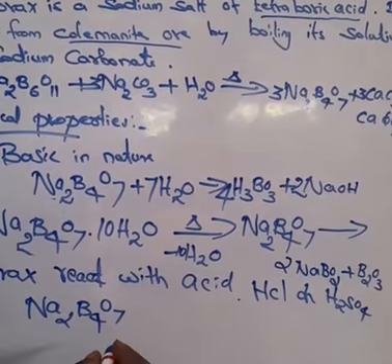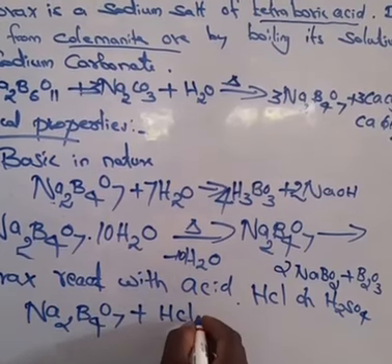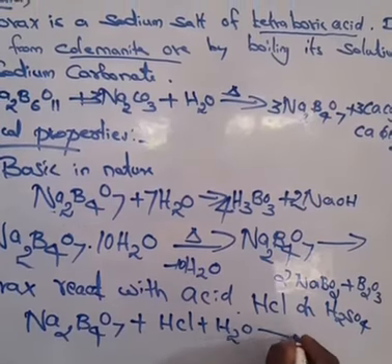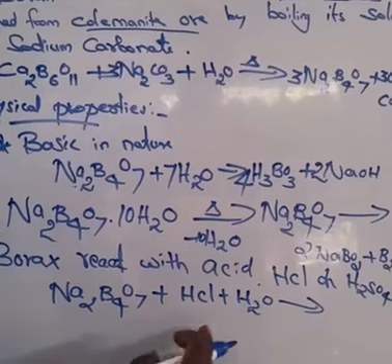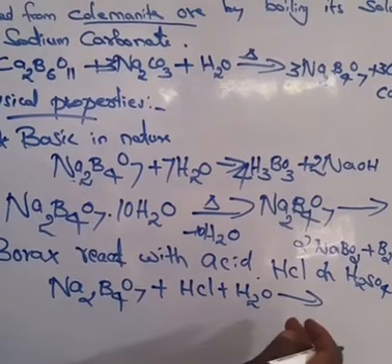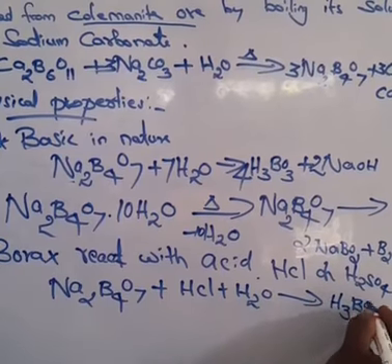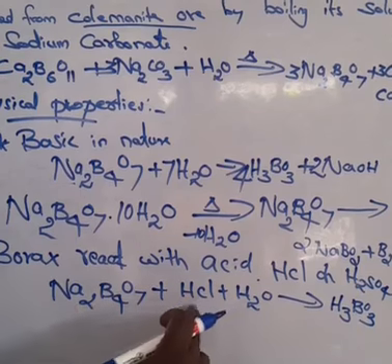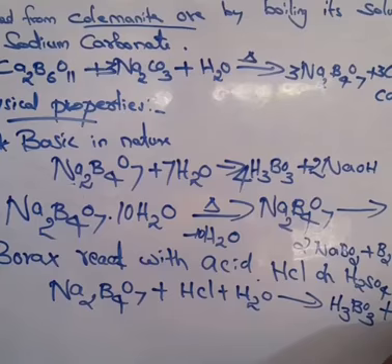Na2B4O7. This borax reacts with hydrochloric acid and water, we get boric acid. What is the formula for boric acid? H3BO3, and the sodium combines with the chlorine, we get NaCl.